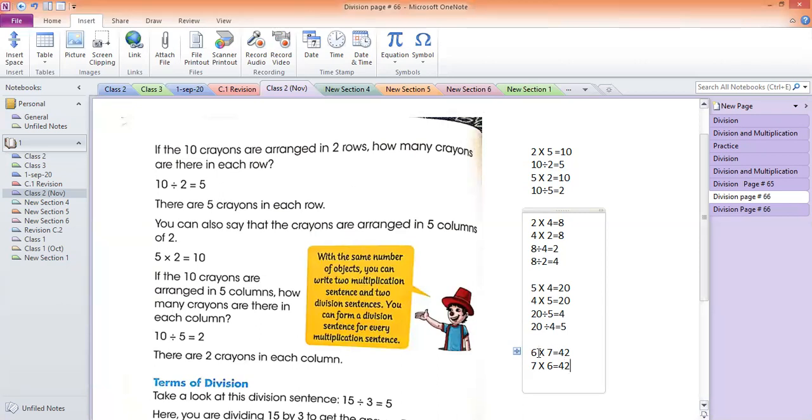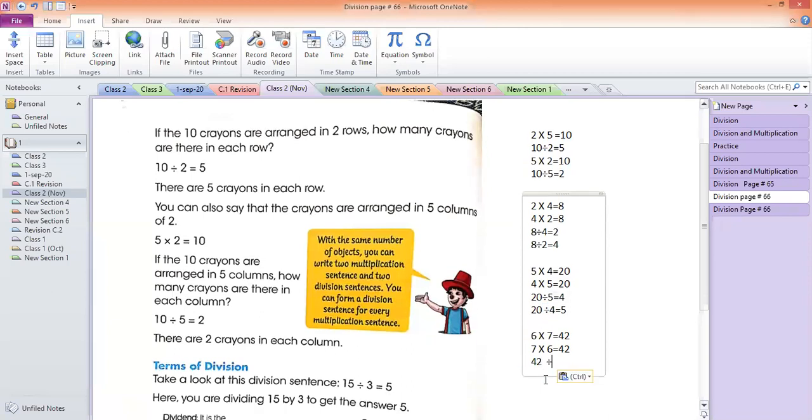Using these numbers. 42 divided by 7 equals 6. Very good. 42 divided by 7 equals 6. Okay, very good.